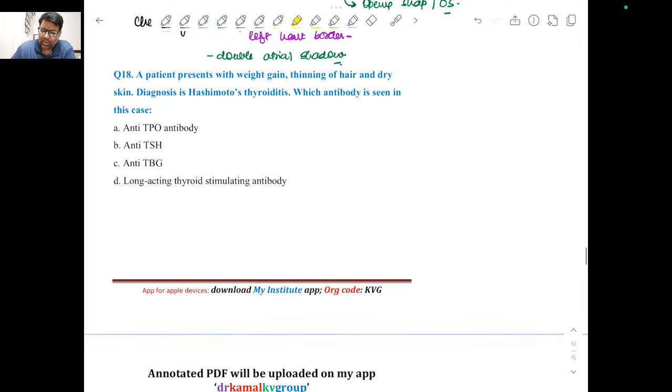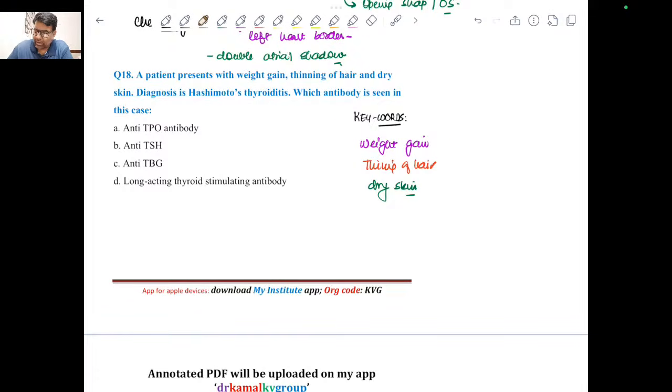Next question. A patient presents with weight gain, thinning of hair and dry skin. Diagnosis is Hashimoto's thyroiditis. What antibody will be seen in this case? So again, if we just take the keywords, very good, Priya. So here the patient is having weight gain, then thinning of hair, dry skin.